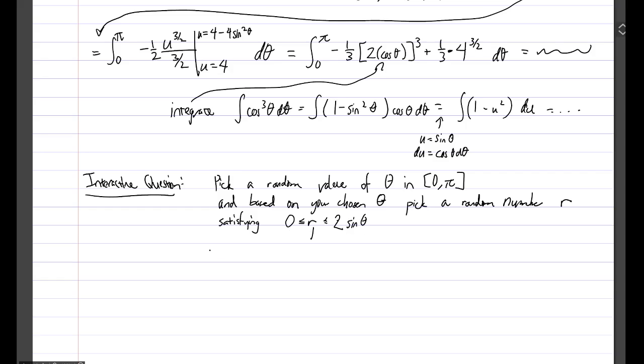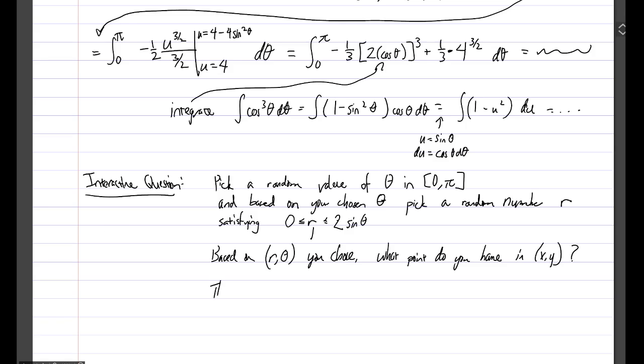Okay, then, based on the r and the theta that you chose, what point do you have? In xy form, right? So take the point that you have in polar coordinates and write it in rectangular coordinates, in xy coordinates.